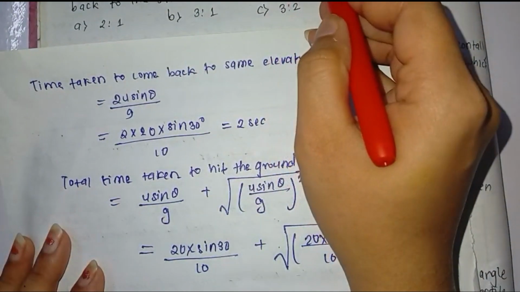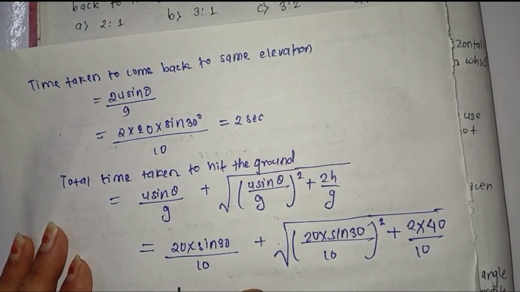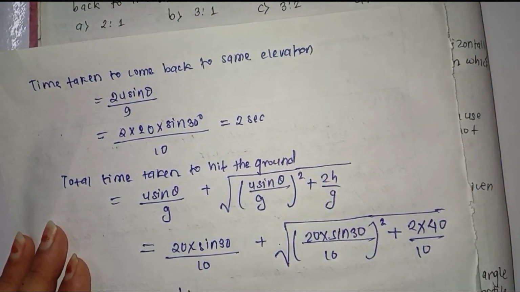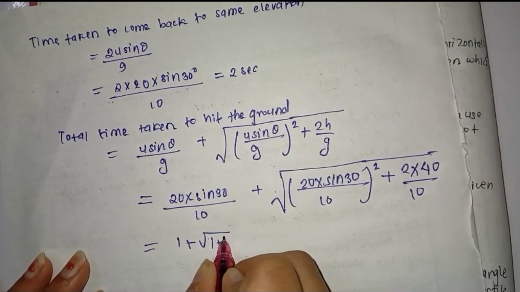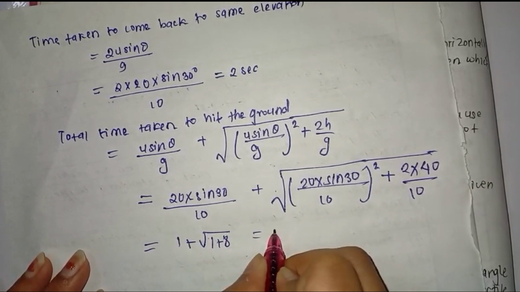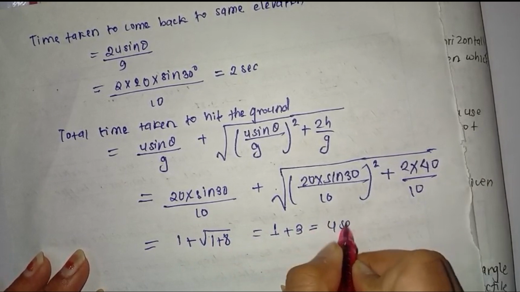Since h is given 40 meter, is equal to 1 plus root under 1 plus 8 is equal to 1 plus 3 is equal to 4 second.